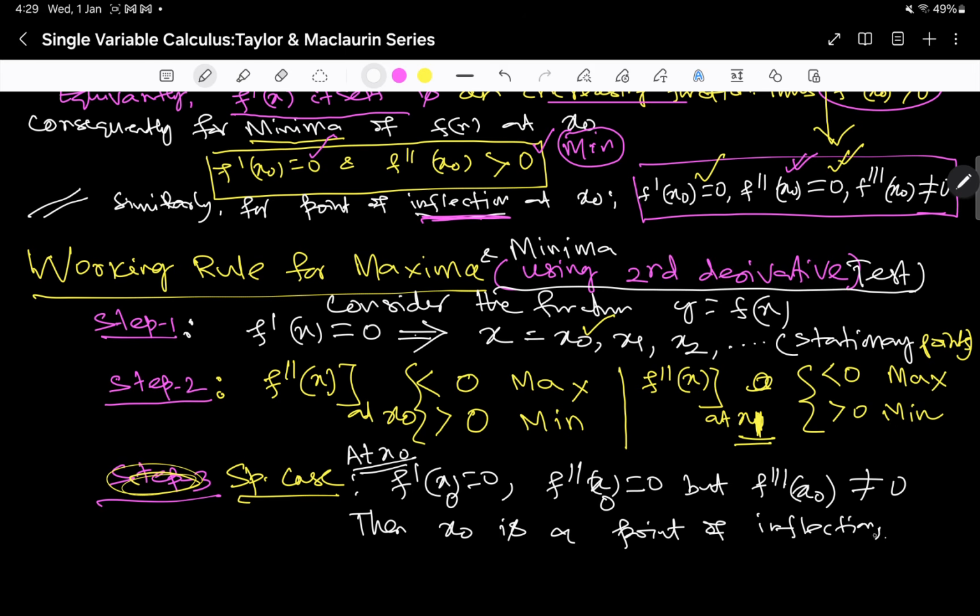That means neither maxima nor minima at x0, right, in the special case.